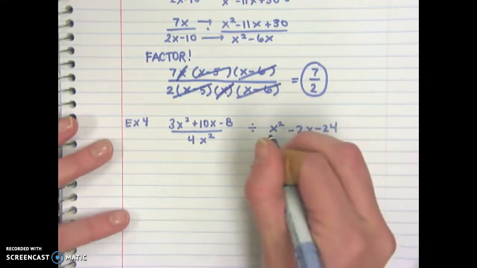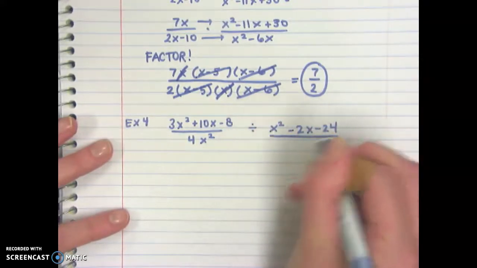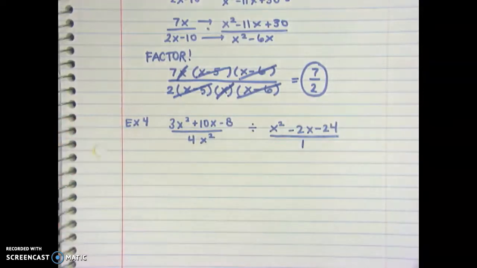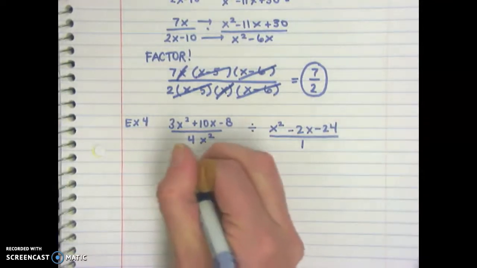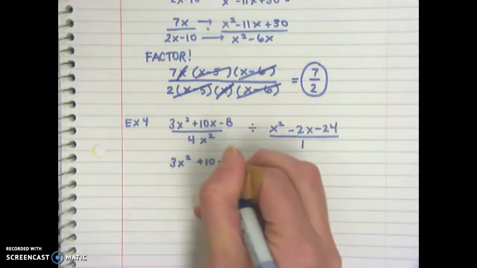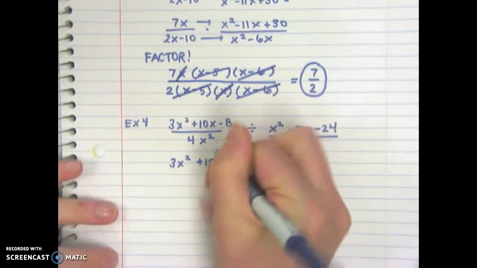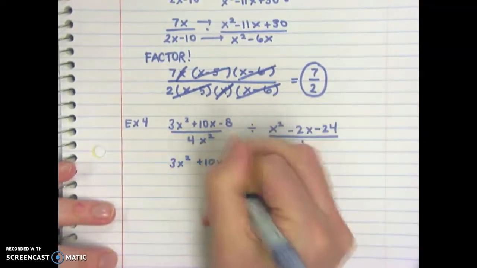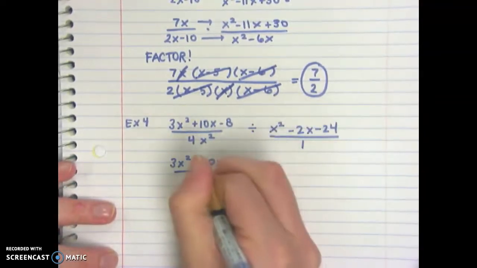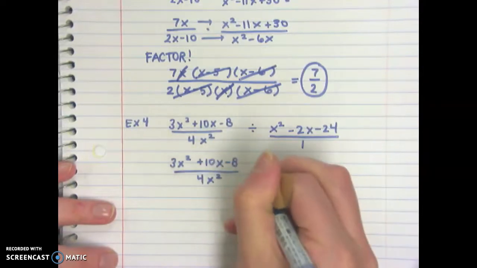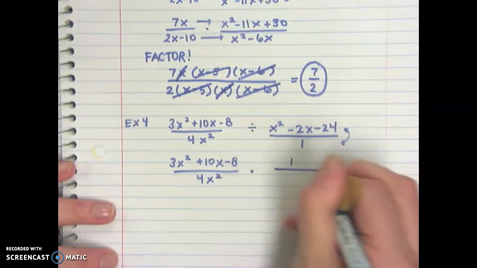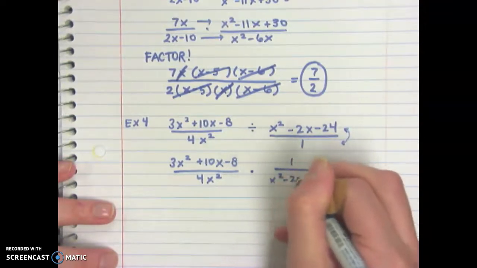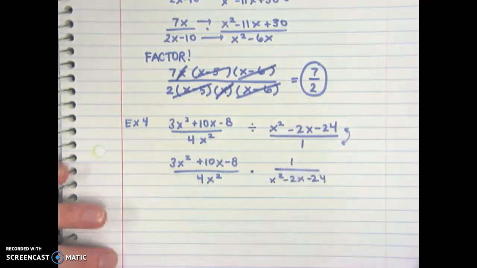Well, originally, x squared minus 2x minus 24 is the same as that expression over 1. So when I multiply by the reciprocal, I leave the first expression, and then I multiply by 1 over x squared minus 2x minus 24.